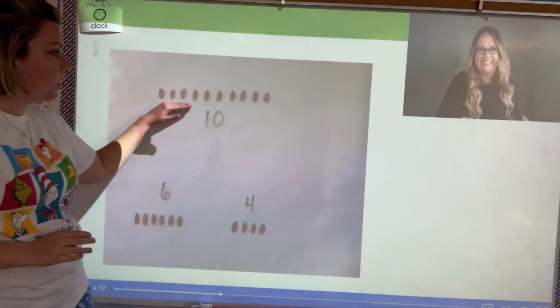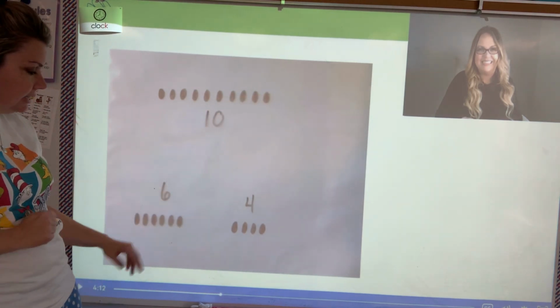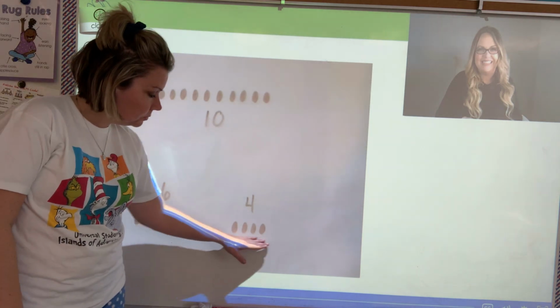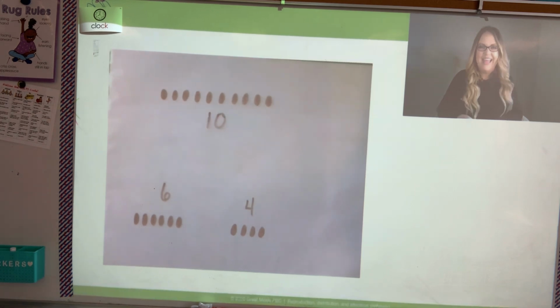She did a row of 10 and wrote 10, a row of 6 and wrote 6, and then she put some space and did a row of 4 and wrote 4. Don't erase your board. Let's also create a number bond using the numbers that we already have written.